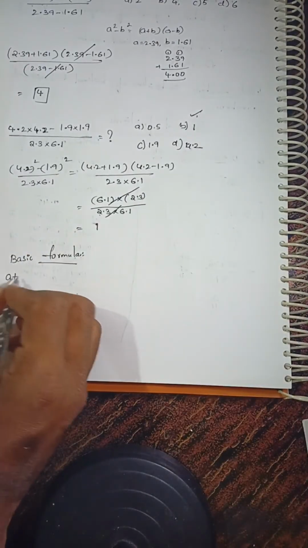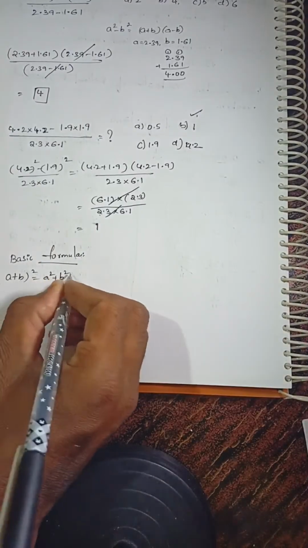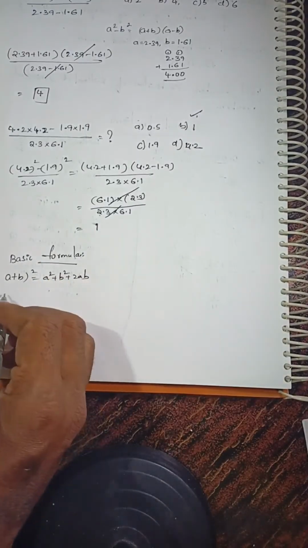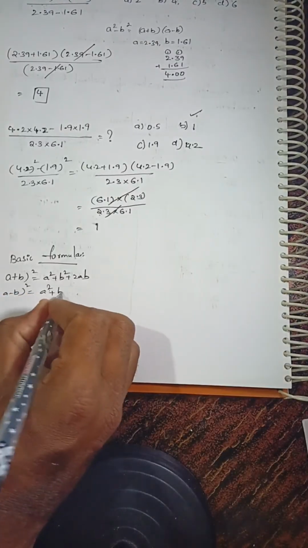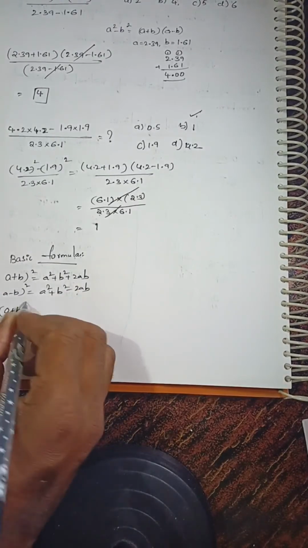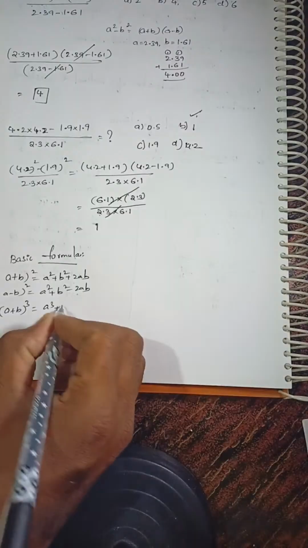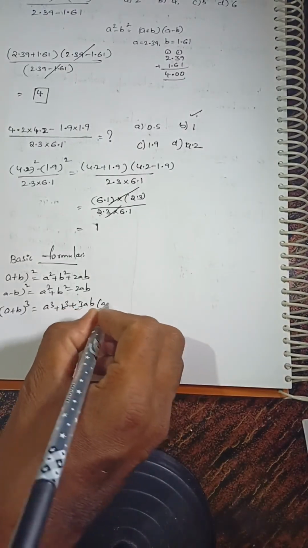The first one is a plus b whole square, as you know, a square plus b square plus 2ab. Second one is a minus b whole square, that is a square plus b square minus 2ab. Third one is a plus b whole cube, a cube plus b cube plus 3ab into a plus b.